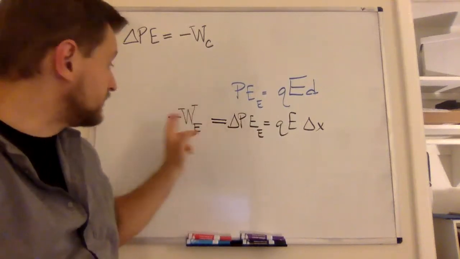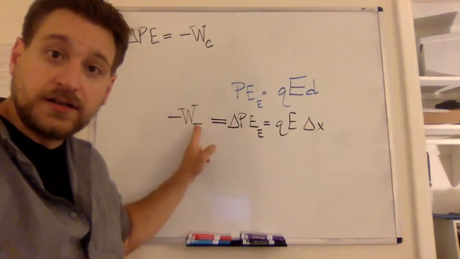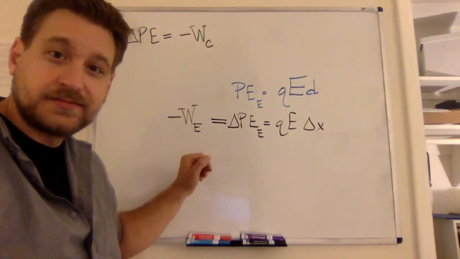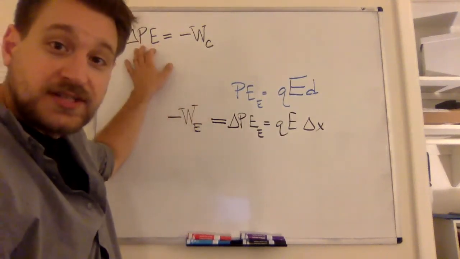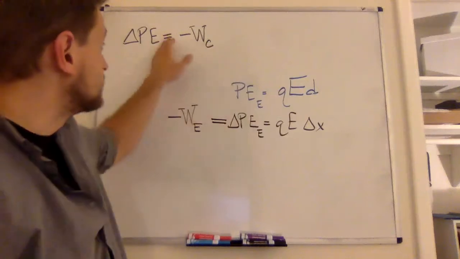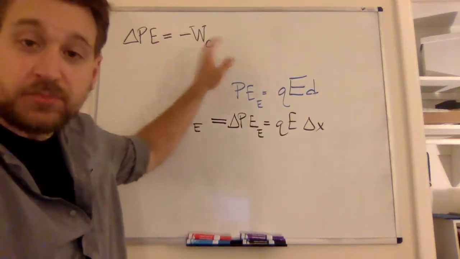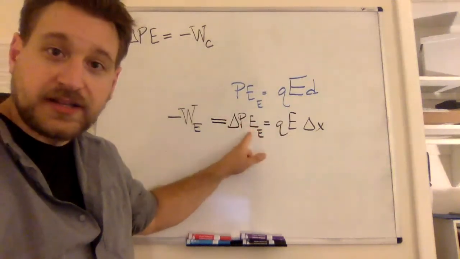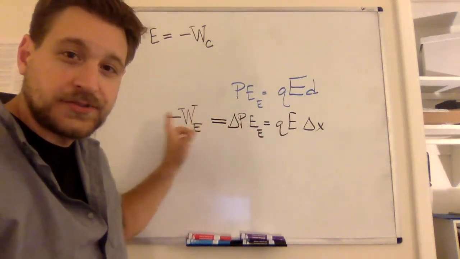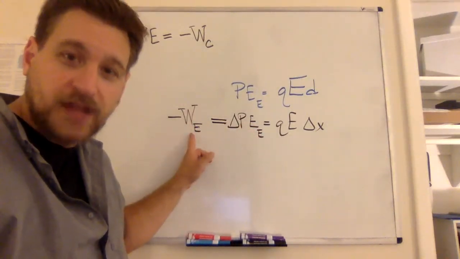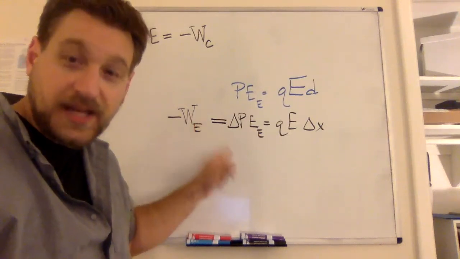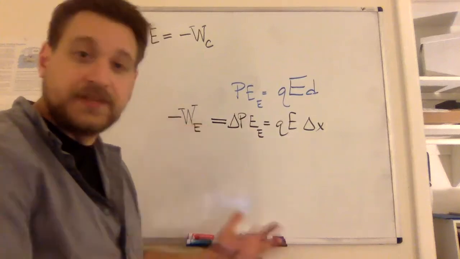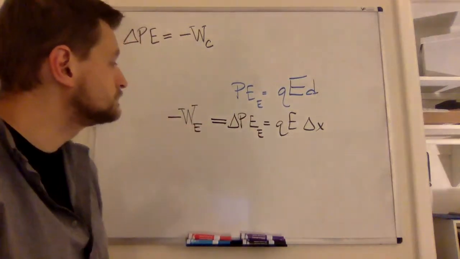It should be equal to the negative of the work done by the electric field, just like the change in potential energy of gravity was equal to the negative of the work done by gravity. So the change in the electric potential energy should be the negative of the work done by the electric field, by the electric force of the environment.